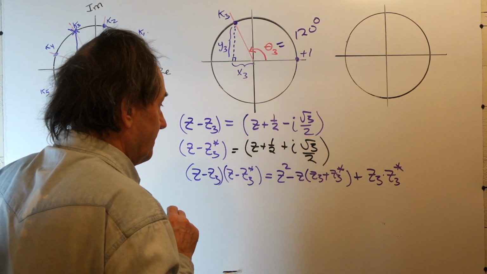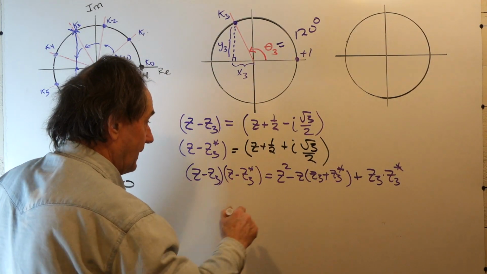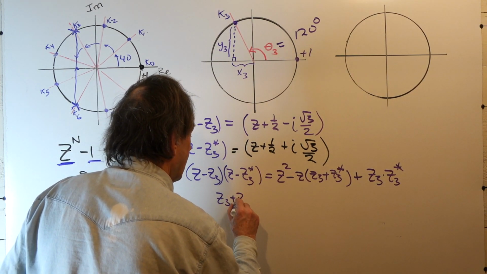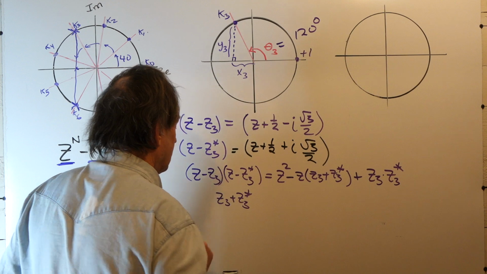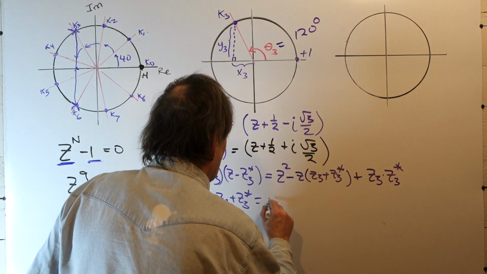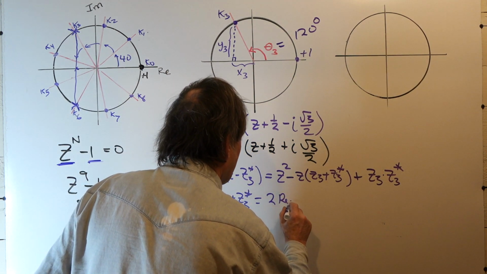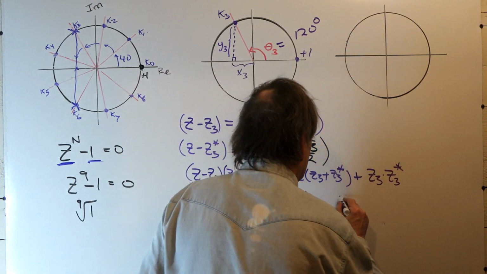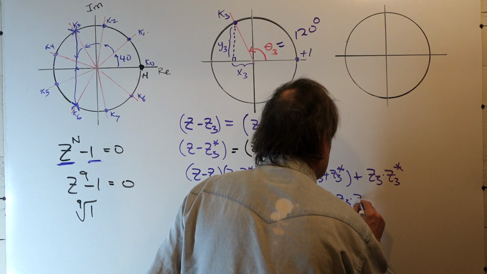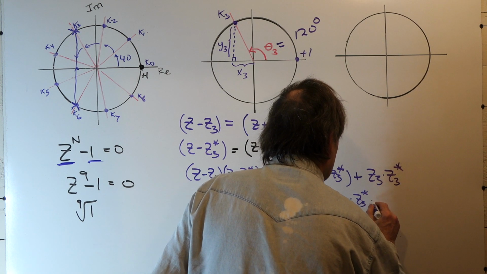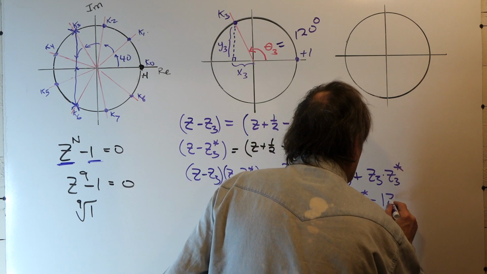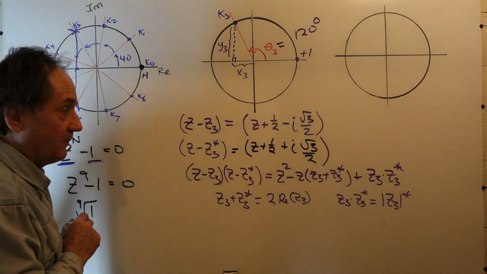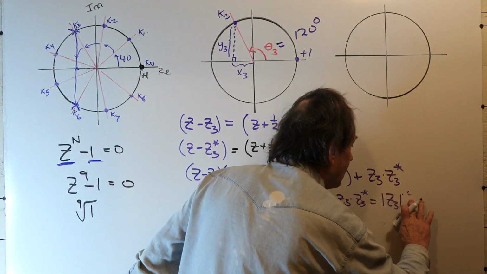Now, in the theory of complex numbers, I've shown in some of the other videos that if we take a complex number and add its conjugate, we get twice the real part of the complex number. And if we multiply a complex number by its conjugate, we get the modulus, or the magnitude, of that complex number squared.